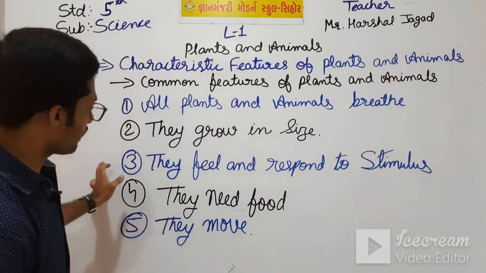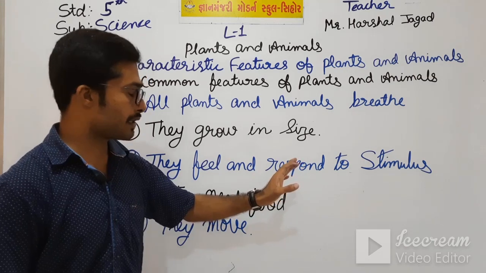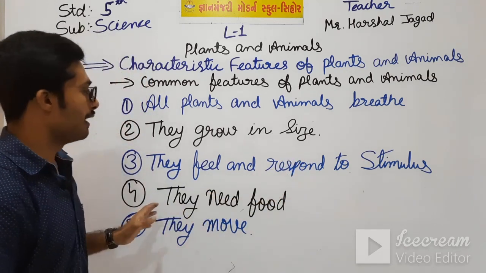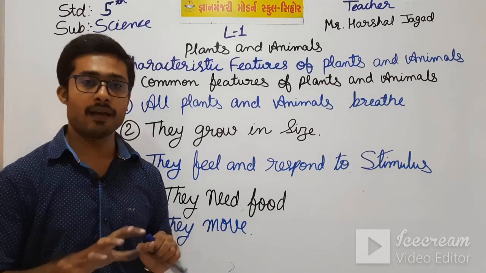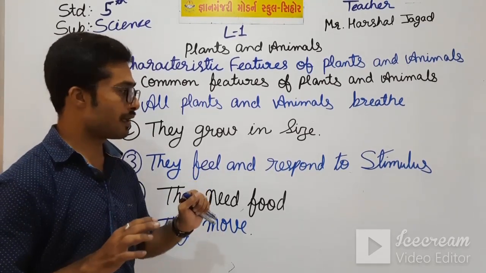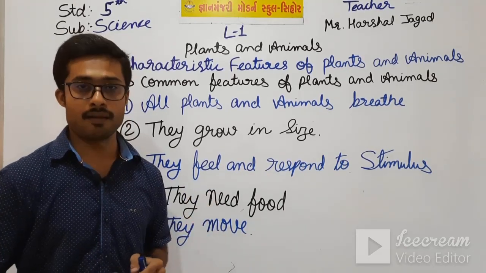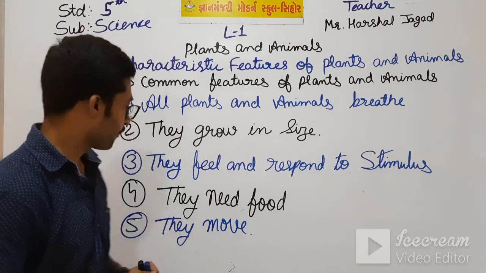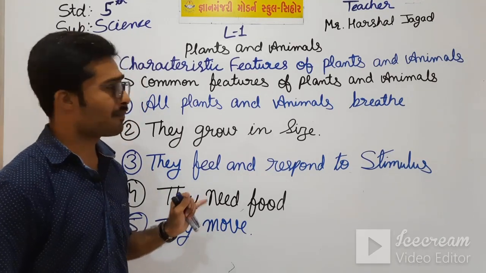The next point is they feel and respond to stimulus. They feel means they also feel the emotions and all the things and respond to stimulus. Stimulus means samvedana. Okay students, they need food, means animals and plants need food.